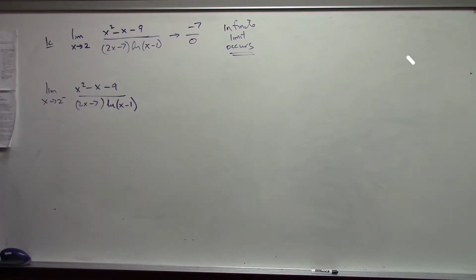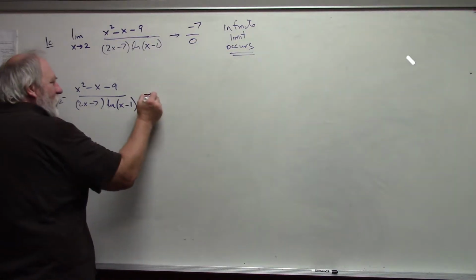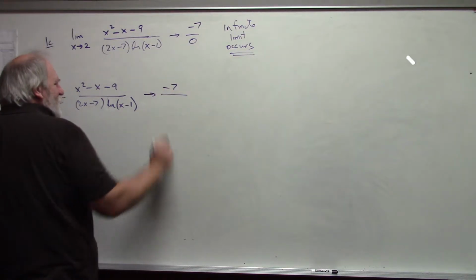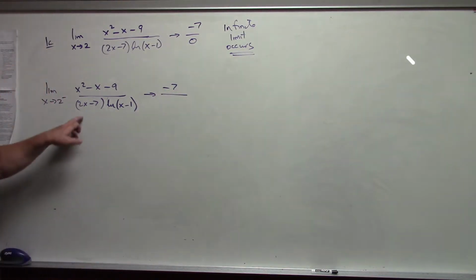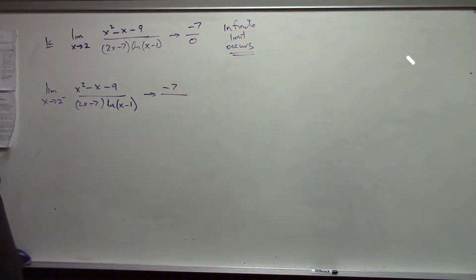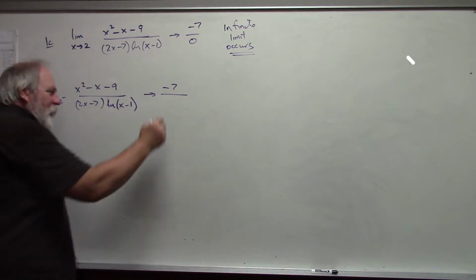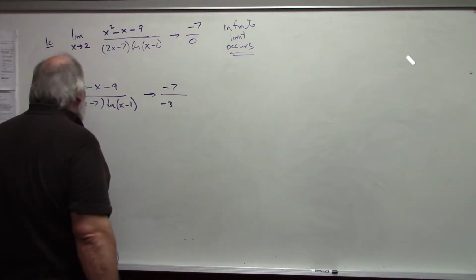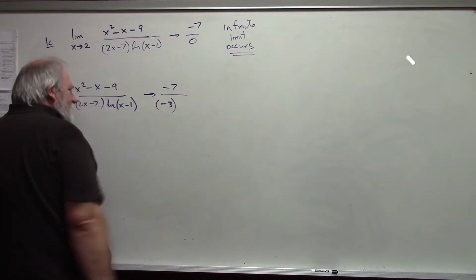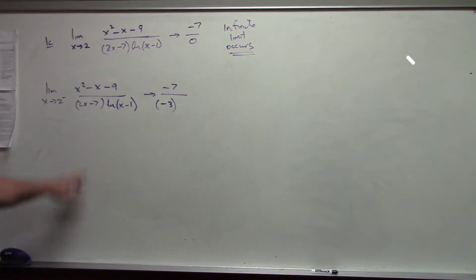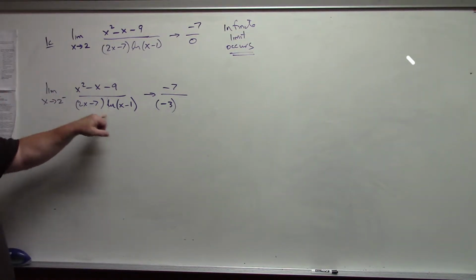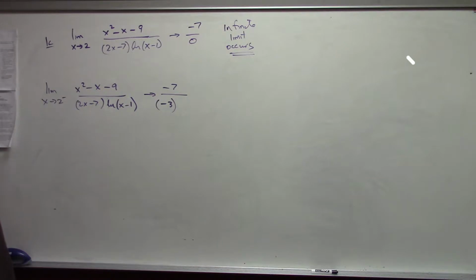Whether we're approaching 2 from the left or from the right, my numerator is approaching negative 7. The first factor in my denominator is approaching negative 3. The second factor in the denominator is approaching 0, but it depends on which side of 0.